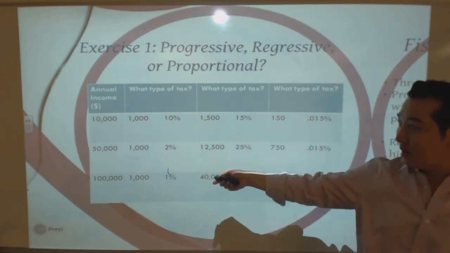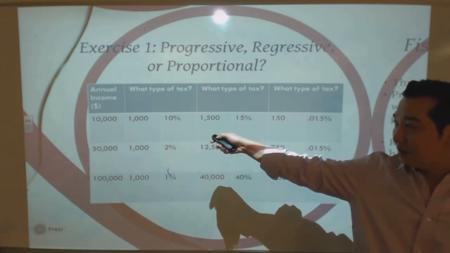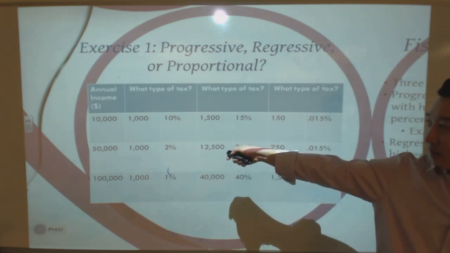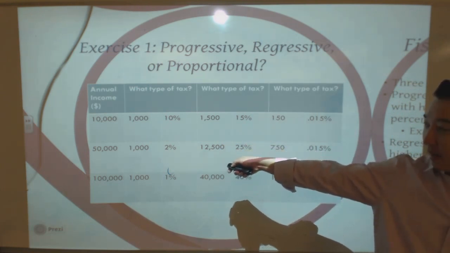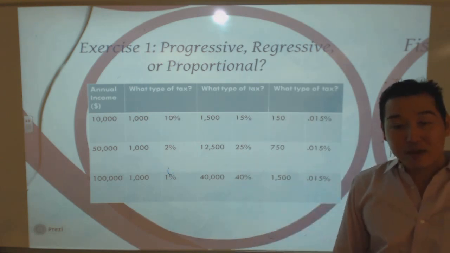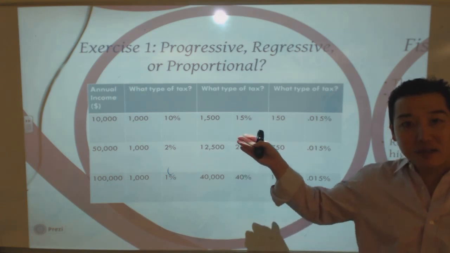In the first column, the person pays $1,000 no matter the level of income. You'll notice that the $10,000 worker pays a 10% tax rate, the middle income worker pays a 2% tax rate, and this person pays a 1% tax rate. As income increases, the rate of tax decreases.